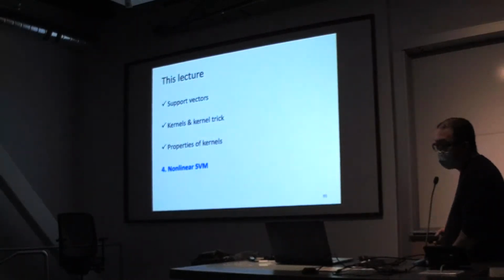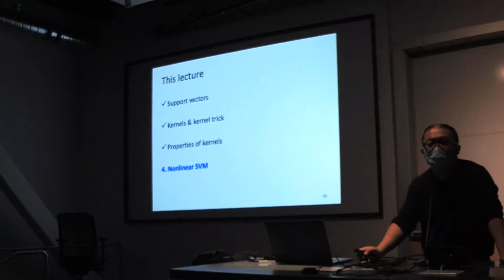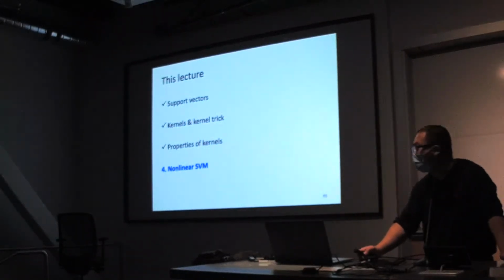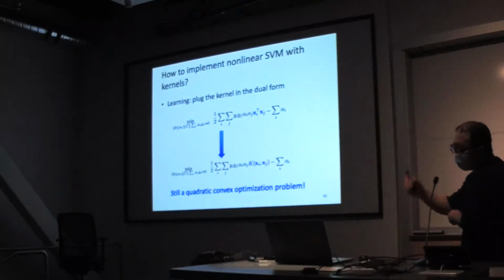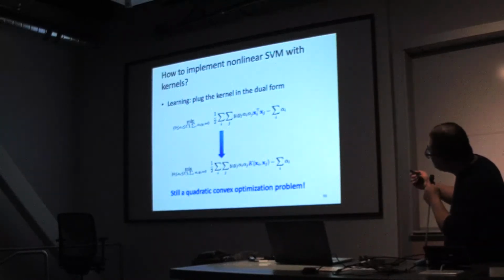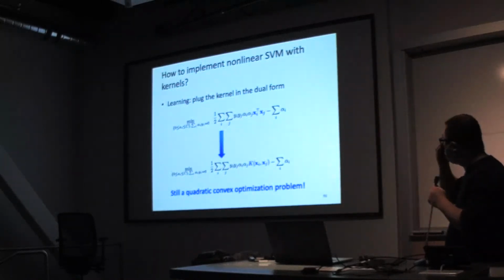Okay, finally, we only need about 3 minutes to introduce nonlinear SVM because we have all the things ready. Extending linear SVM to a nonlinear feature space to make it much more powerful is very, very straightforward. How can we implement nonlinear SVM with the kernel trick?